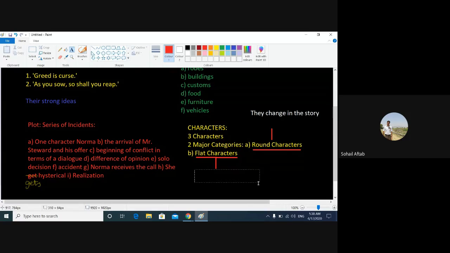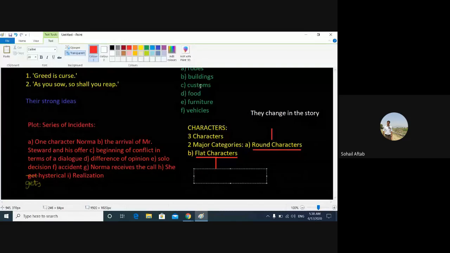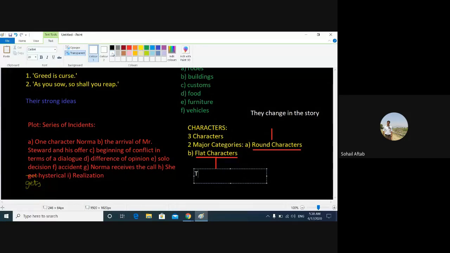And here I will relate it to your practical life as well very soon. They don't change with time.